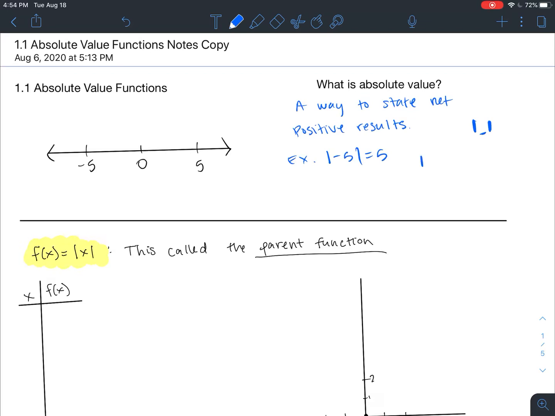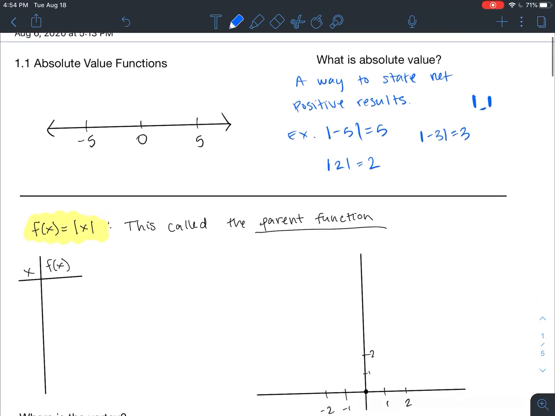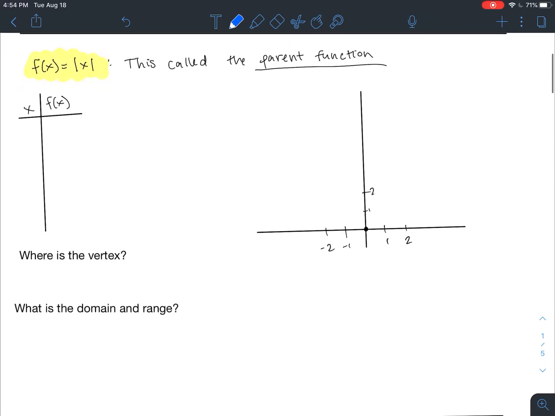The absolute value of negative 3 is equal to 3. And the absolute value of 2 is still 2. So that's how we get rid of the negatives when we're talking in situations where the sign doesn't matter. We just want to be talking in positive terms. So that's what absolute value is.